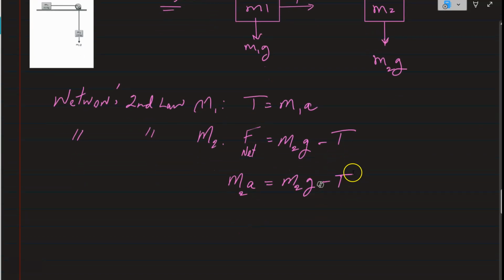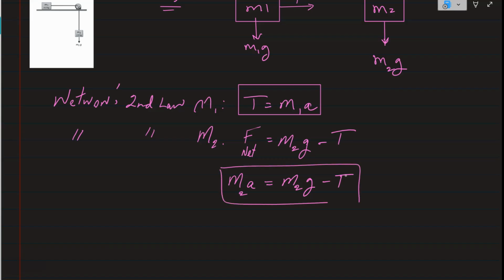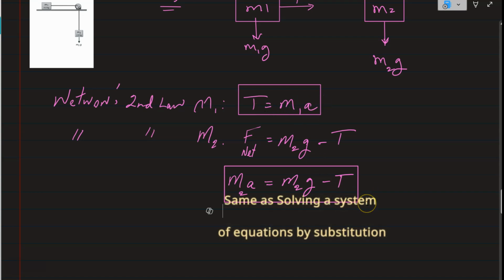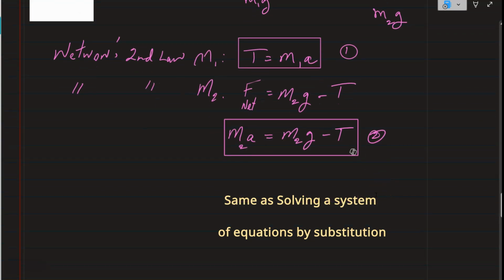So now that we have these two equations, the first one right here, the second one right there, and the tension is the same tension. So we're going to substitute T equal to M1A into the second equation. Let's call this the first equation and look at the second equation, and then we'll just rewrite. So what do we have?